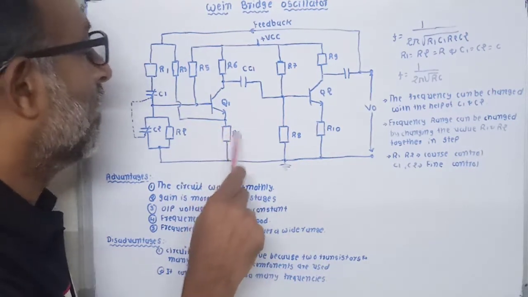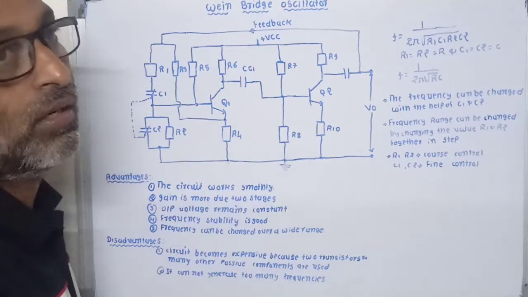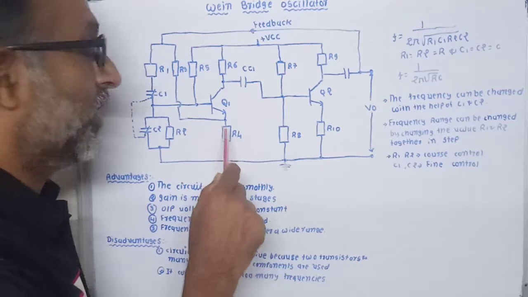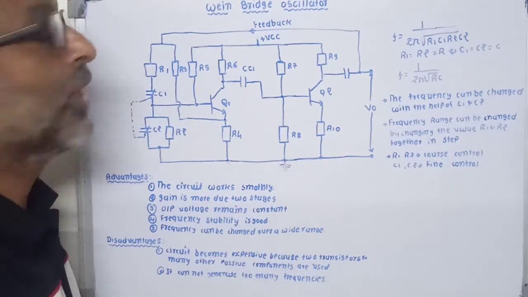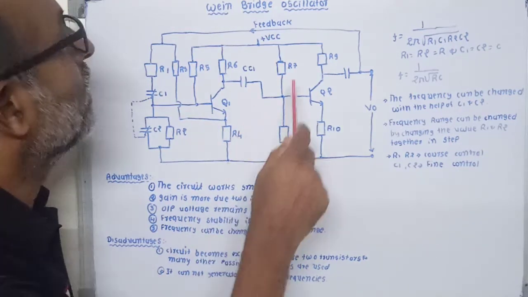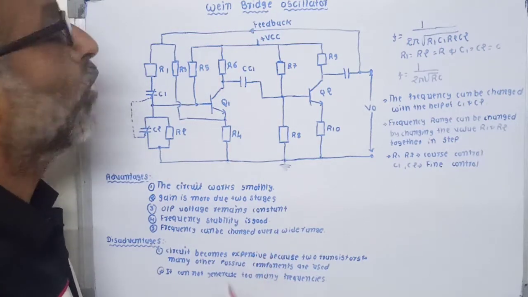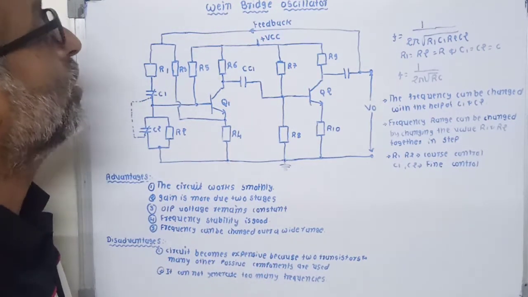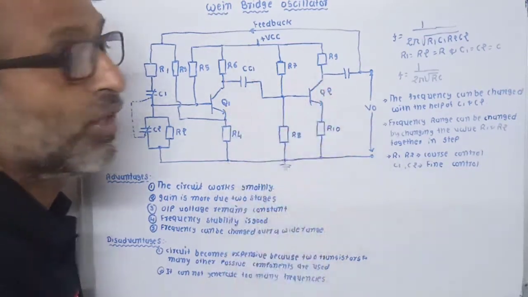Here at the emitter resistor, no emitter capacitor is connected across this emitter resistance, so we get negative feedback. Similarly R7 and R8 are the voltage divider type resistors, which provide proper bias to the base of this amplifier Q2, or amplifier 2.